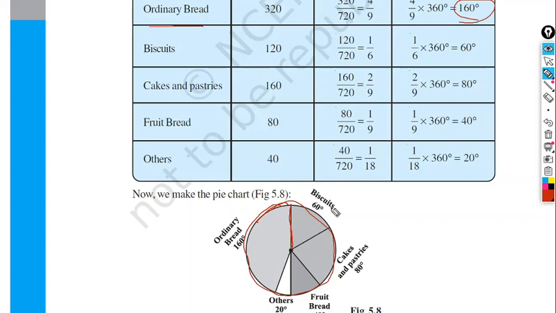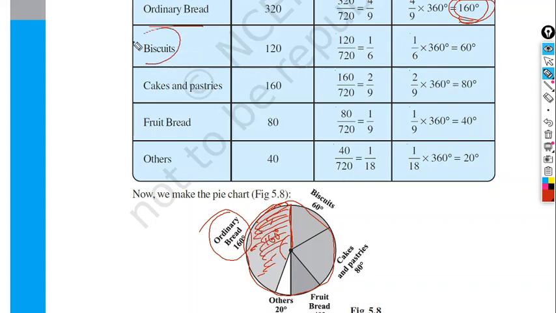From here you draw 160 degree. So put a protractor and measure 160 degree here, and this part will be for ordinary bread. You can give a color to this, or shade it, or you can give color also.